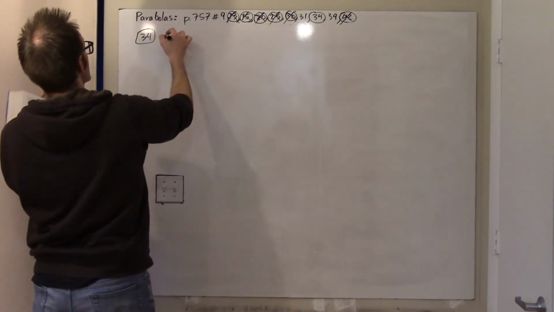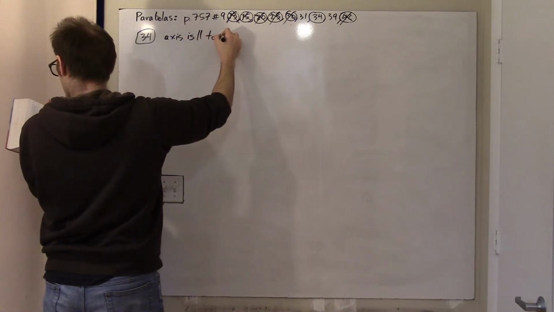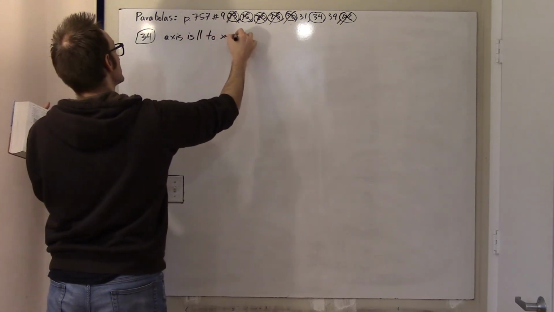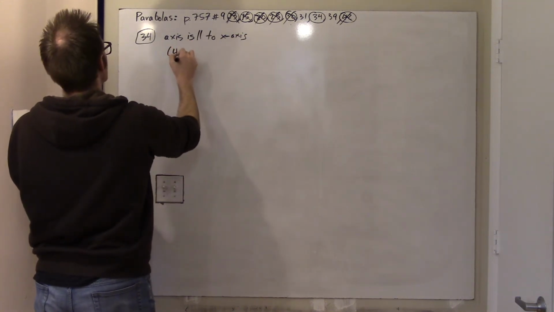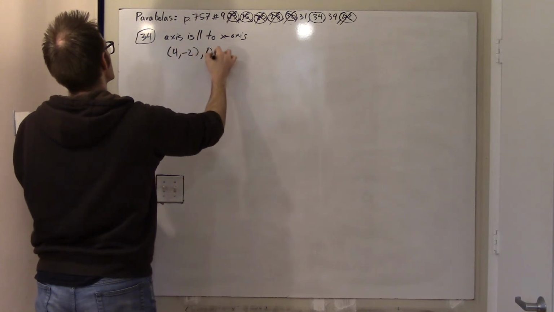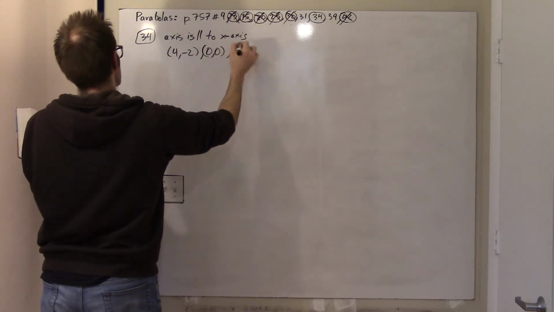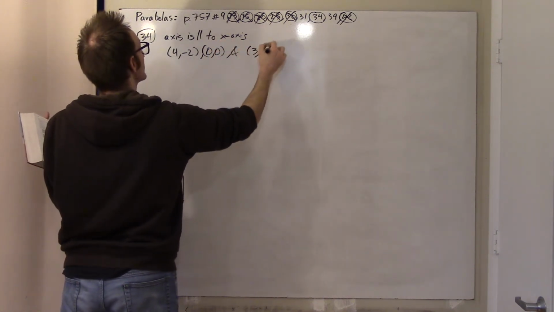Okay, here's what they tell us. The axis is parallel to the x-axis, and passes through the points (4, -2), (0, 0), and (3, -3).